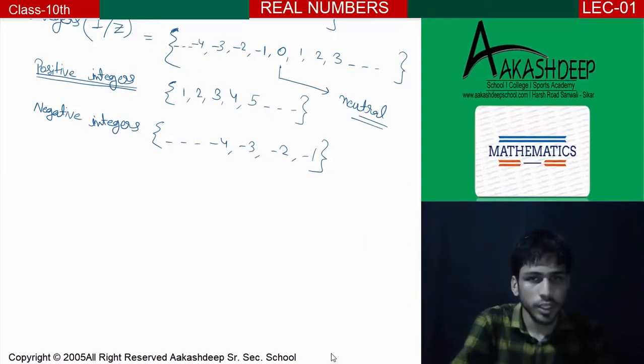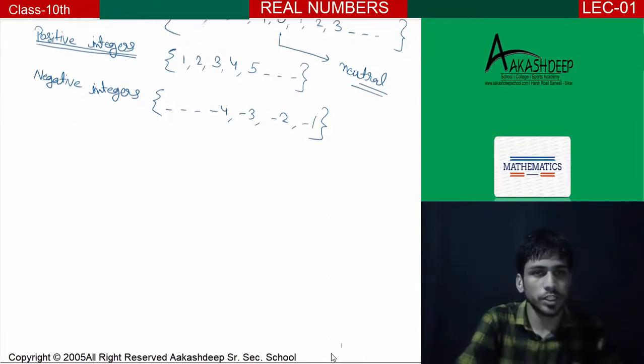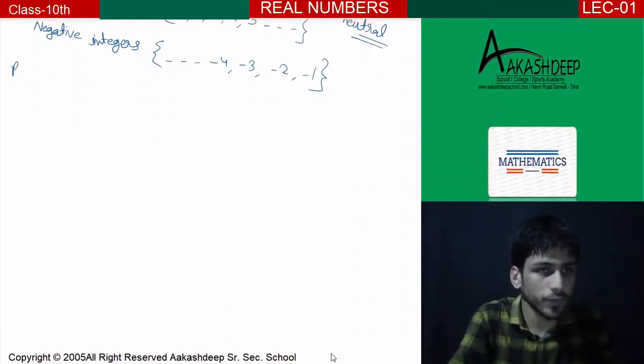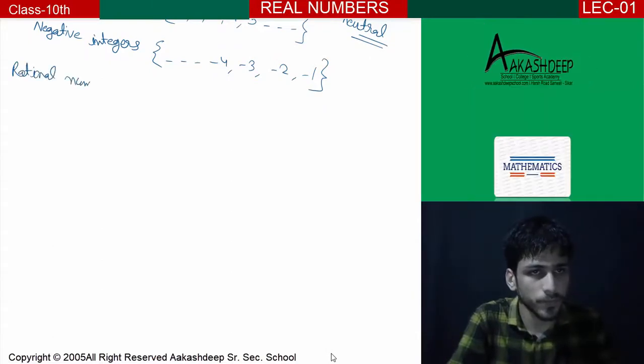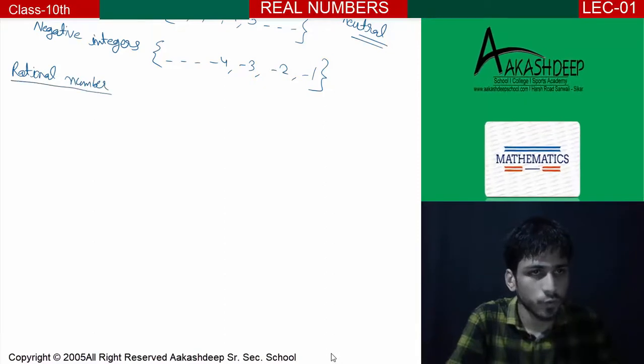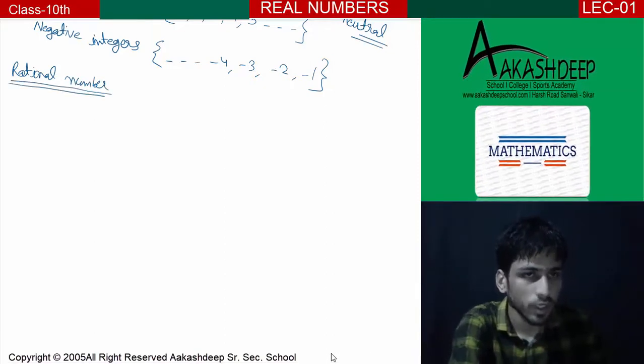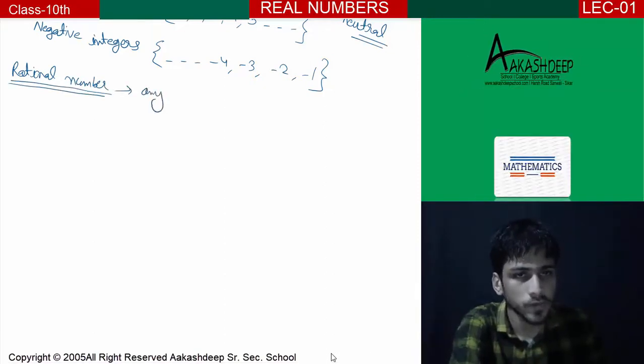Okay. Next type of number we have is rational number. What is rational number?